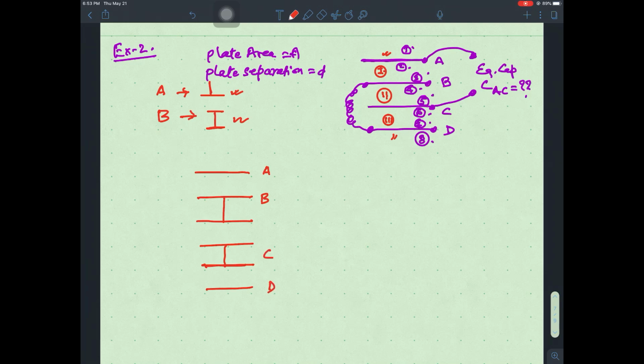Now try to understand, in plate D only one surface is being used, so I have used this symbol. And in plate A only one surface is used, so we have used this symbol.